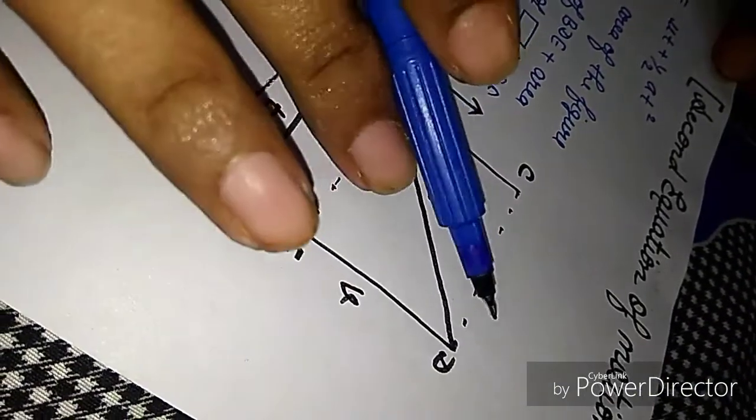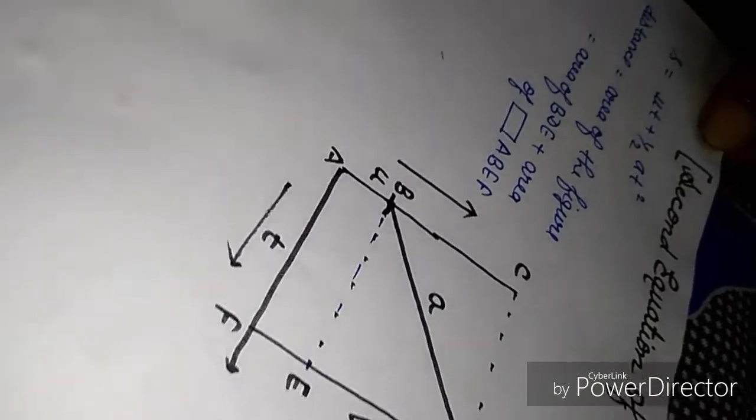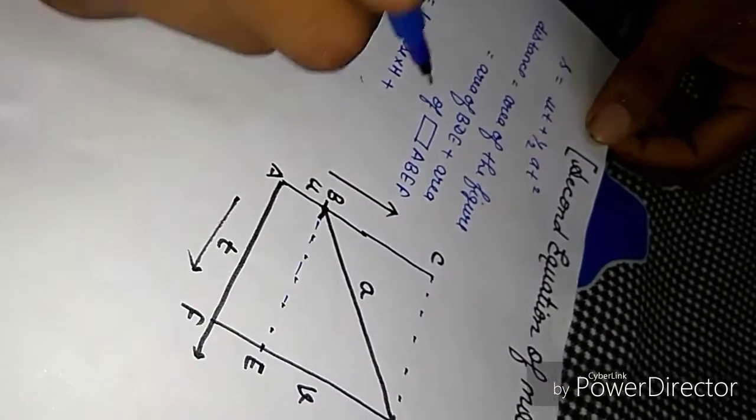Distance represented by S is equal to the area of BDE, which is a triangle, so the area of the triangle is equal to 1/2 base into height, plus the area of the rectangle, length into breadth.